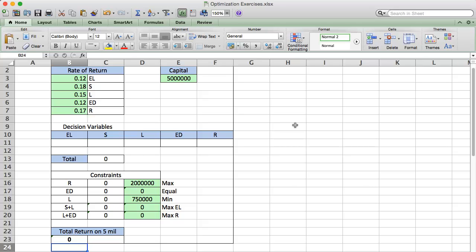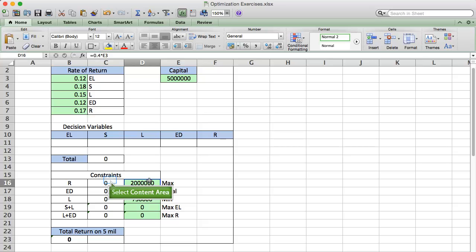And before we go to Solver, we want to take our time developing our spreadsheet model, because if we get our spreadsheet model set up correctly, communicating the constraints to Solver will be much easier. For example, we were given by the problem that the total capital that goes into retail has to be at most 40%.